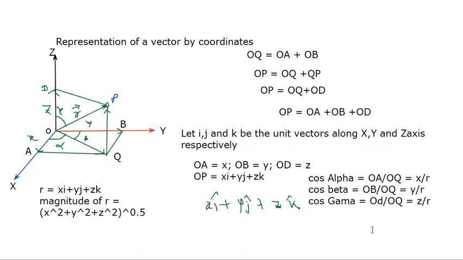Yes. Okay. So now, if this is clear, addition of two vectors. Suppose two vectors are given: vector P is equal to i cap plus 4 j cap minus 7 k cap, and vector Q is given as 7 i cap minus 3 j cap plus 9 k cap, right?